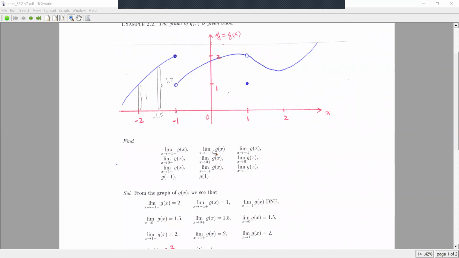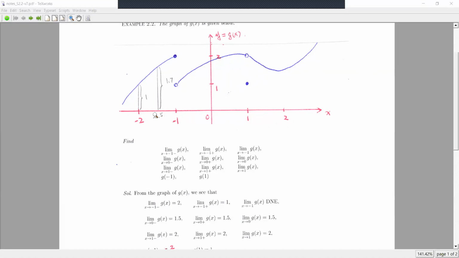From these previous two limits, we have seen that when x approaches negative 1 from the left side, the function approaches 2. This point, the height is 2. When x approaches negative 1 from the right side, the function approaches 1. The height of this point is 1.